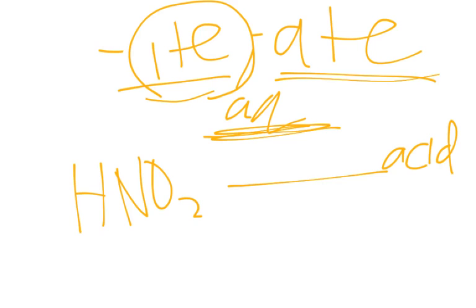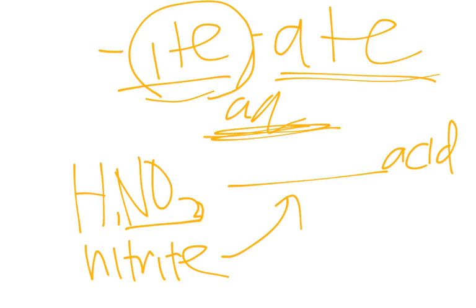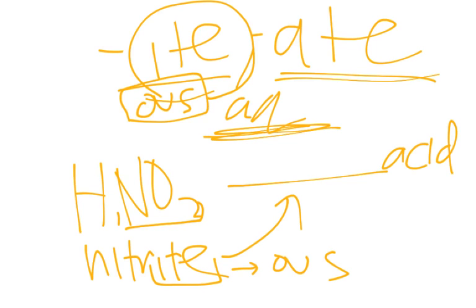So let me show you how that looks. NO2 is nitrite. And all we have to do is plug it in here, but change the ite to an ous. So this ite will turn to an ous, so I'm going to write that down here. So this will be called nitrous acid.